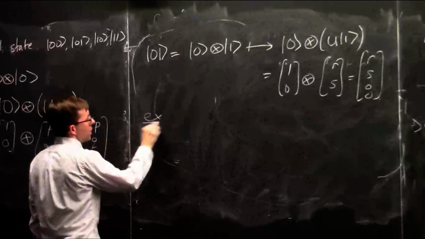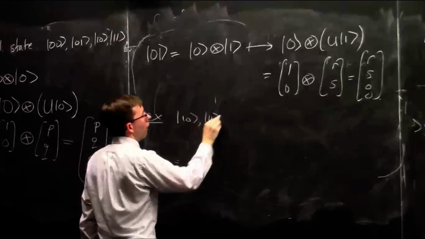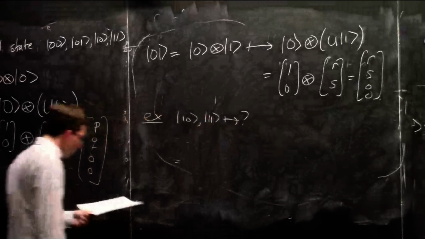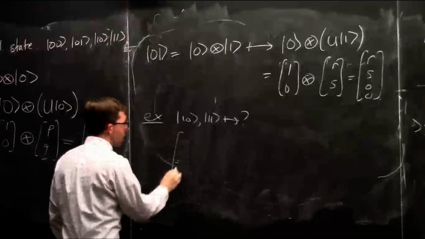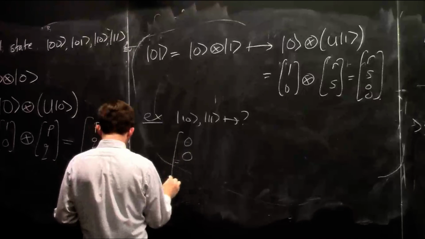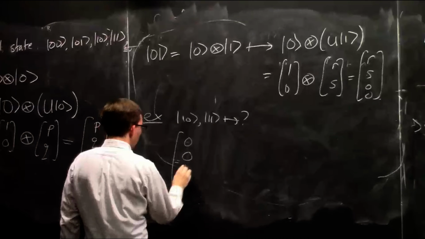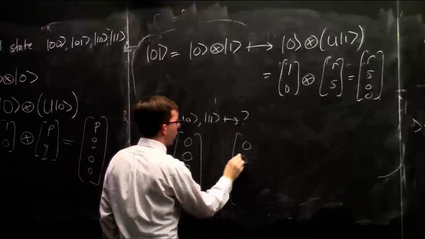Let me leave the other 2 as exercises for you. Okay, well, I'll just tell you. This one goes to 0 0 PQ, and this one goes to 0 0 RS.